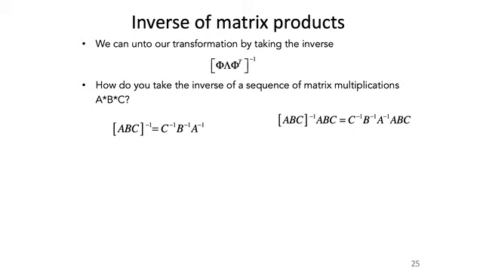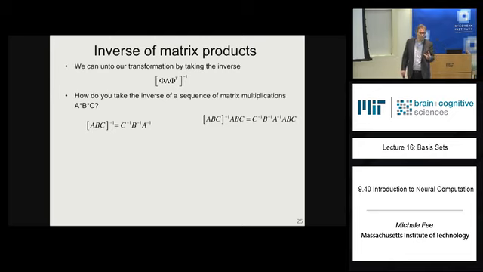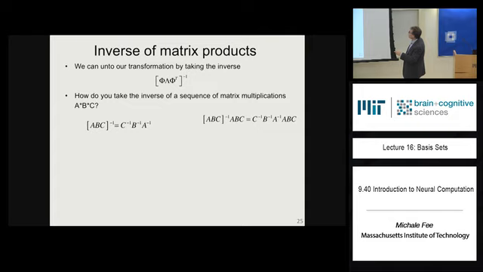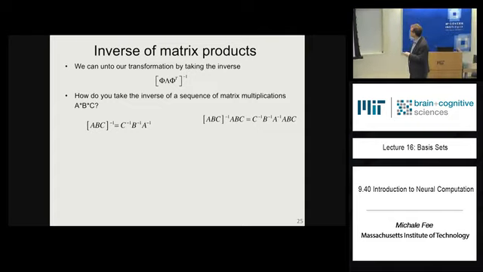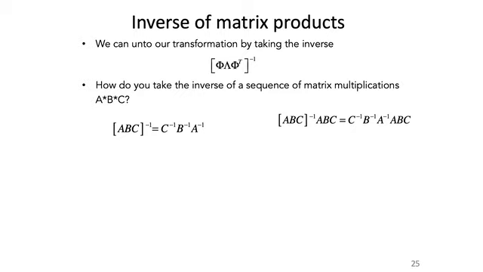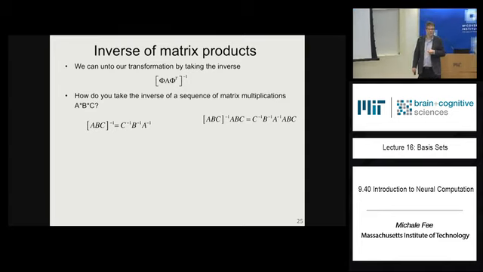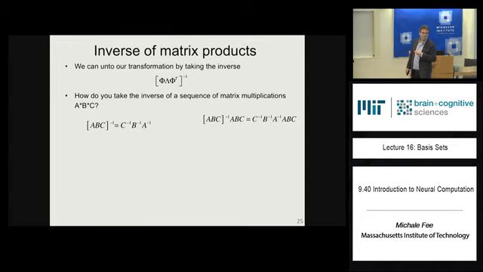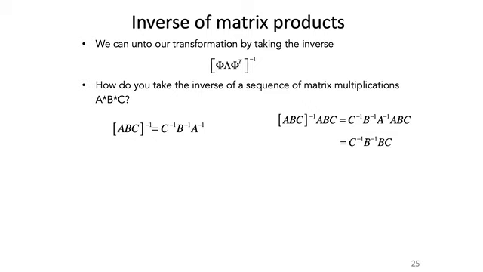So ABC inverse times ABC should be the identity matrix, right? So let's replace this by this result here. C inverse, B inverse, A inverse times ABC should be the identity matrix. And you can see that right here, A inverse times A is I, so you can get rid of that.